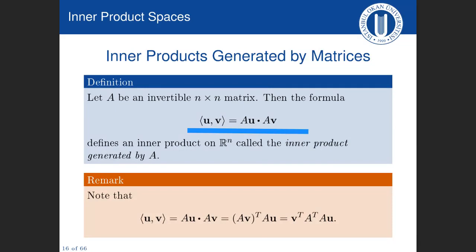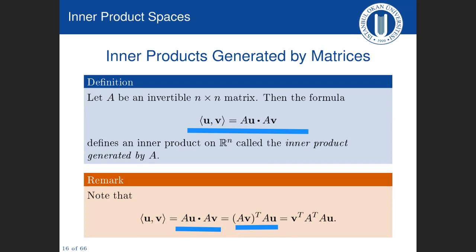Now, let me remind you that if we're doing the dot product of two vectors, we could take the transpose of one of the vectors, move it to the left, and then multiply them together. It doesn't matter which vector you take the transpose of, as long as you put it on the left. So we could do (Au) transpose Av if we wanted to, but I want to do (Av) transpose Au.